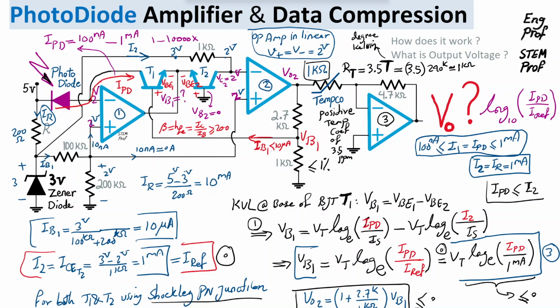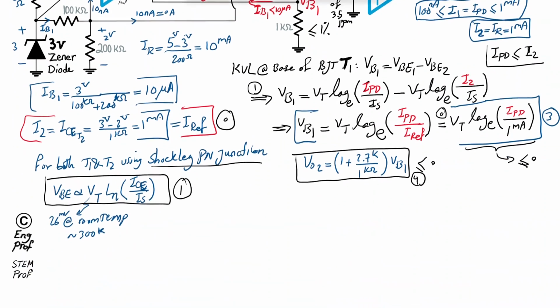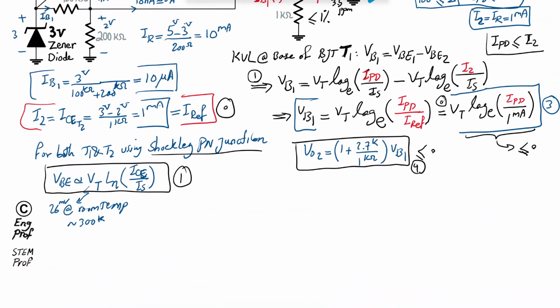That is expected. So as the last step, I am going to say the voltage of the output of op-amp 3 is simply minus the 4.7 kilo ohm divided by RT, the value of the Temco resistor, the temperature compensating resistor. And it's optional, as I said.